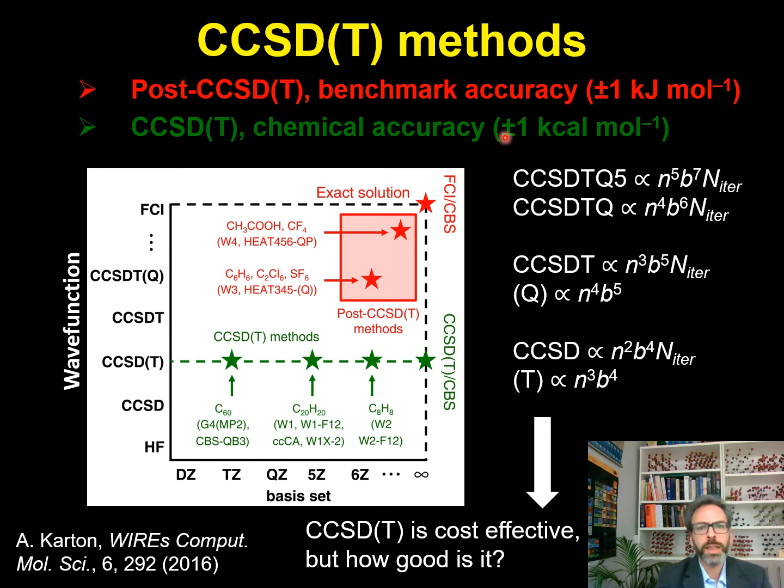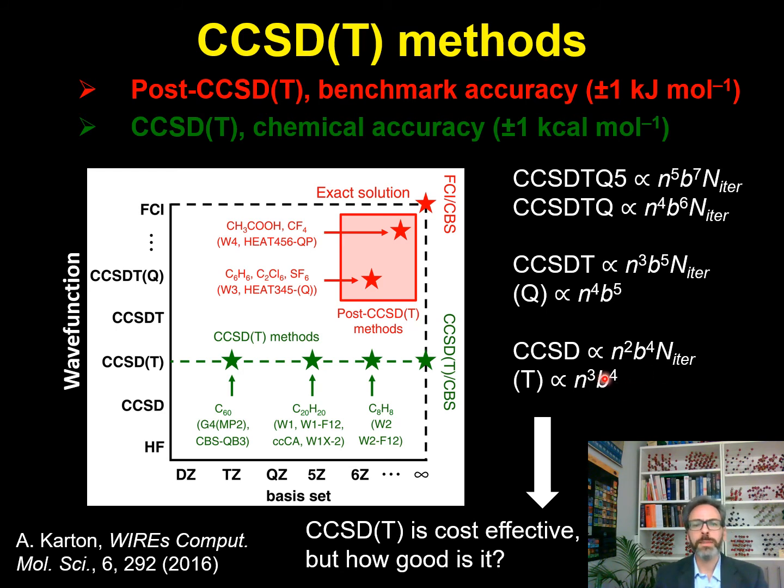Here we see the computational scaling of the post-CCSD(T) terms. We can see that they scale to the power of 3, 4, and 5 with the number of electrons in the system, and to the power of 5, 6, and 7 with the number of basis functions in the system. In contrast, the CCSD(T) method scales to the power of 2 and 3 with the number of electrons, and to the power of 4 with the number of basis functions that we are using.